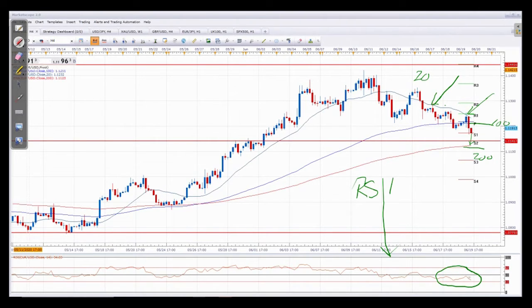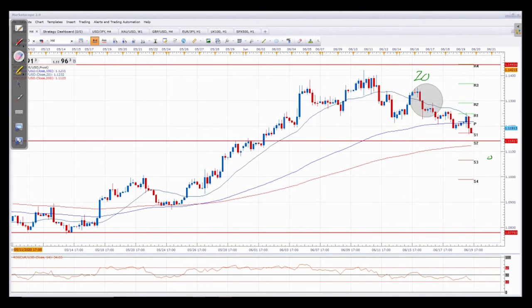And the line at the end is also pointing downwards. That's also showing me technically that it hasn't been oversold yet, because if it comes to 30 or below 30, even to 20, then I will think that this trend has changed. But right now, all of this is showing me that the trend is actually downwards, the euro dollar.